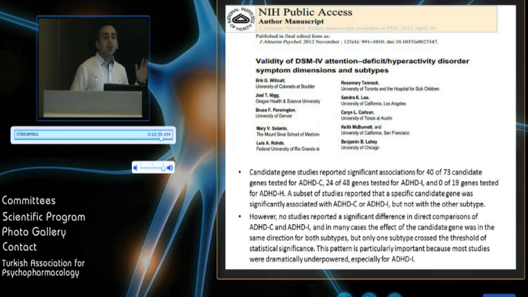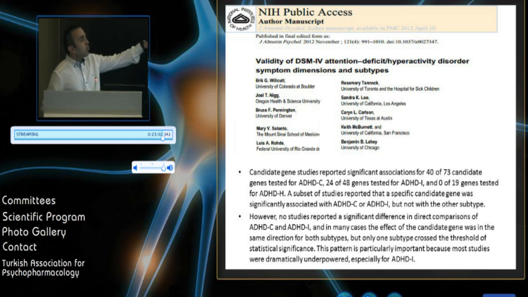This is the last slide, the summary slide. This actually was the main article of our trial. 3 or 4 of the authors from the DSM-5 are listed here. I talked about the types and the subtypes of ADHD, but when we look at the summary, we see that in terms of the subtypes of ADHD, the candidate gene trials show that attention deficit and hyperactivity are important in most of the cases, but there is no head-to-head comparison.